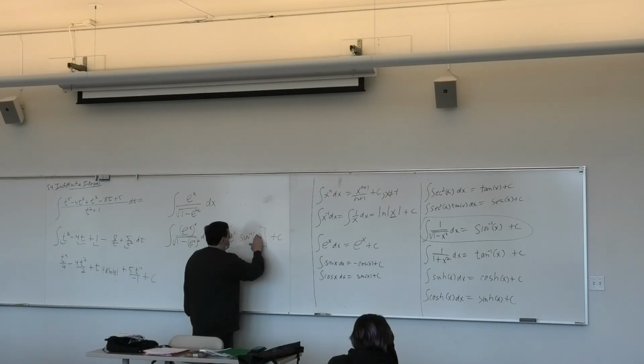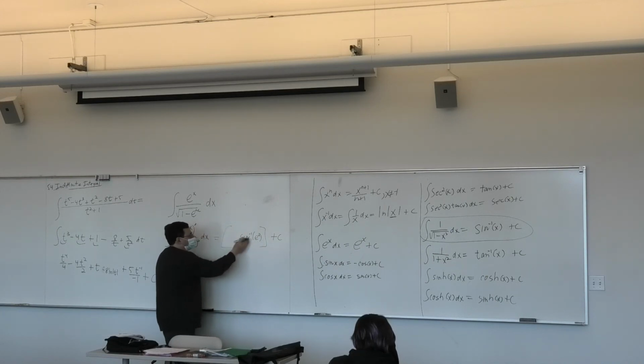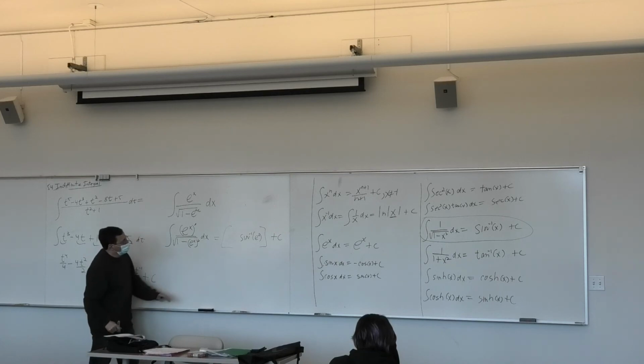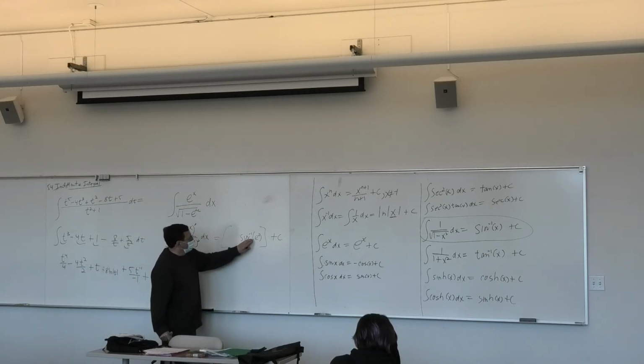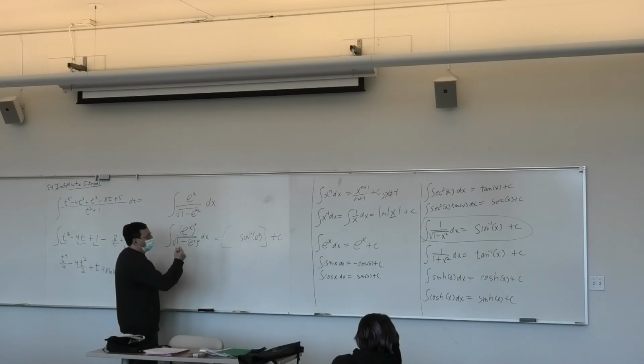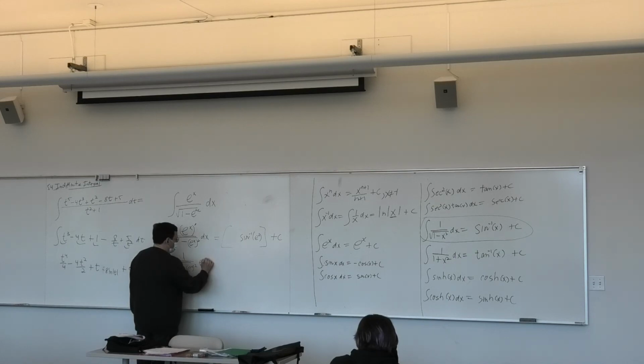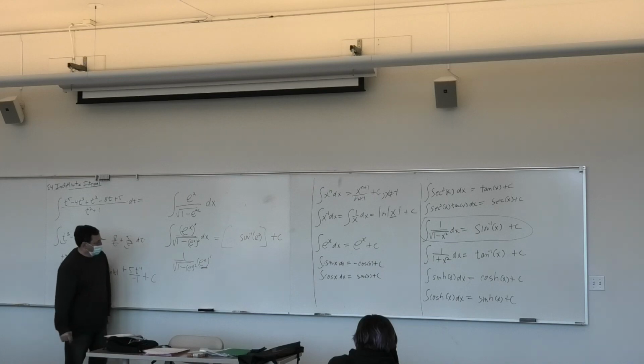But we can figure out what it is. Inverse sine of e to the x, that's 1 over the square root of 1 minus, well, we have to plug in the e to the x squared, times the derivative of e to the x, because of the chain rule. And that's what we were looking for.